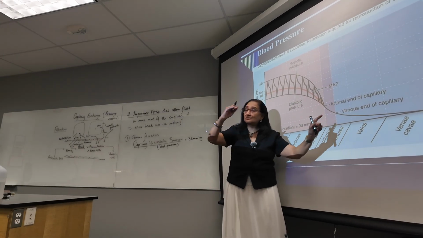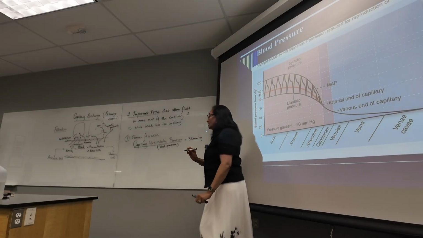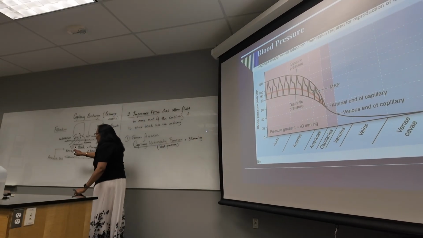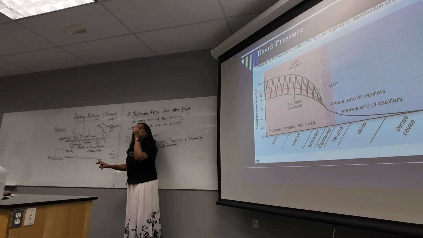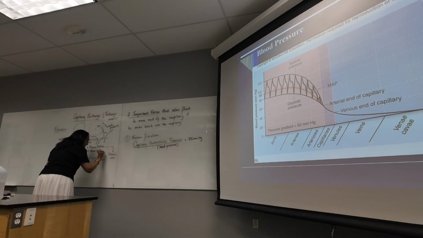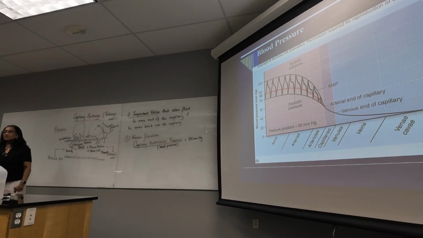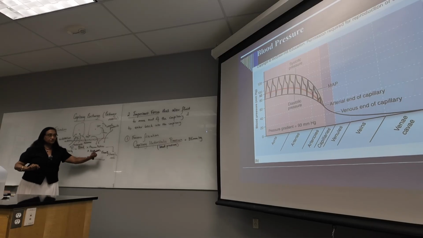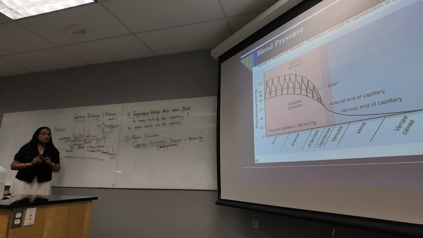The pressure starts dropping in the veins as it goes back to the heart. So as blood flows from one end of the capillary to the venule end of the capillary, the pressure drops to 15 millimeters of mercury. So that is one.